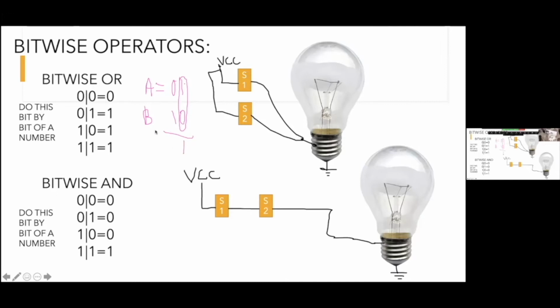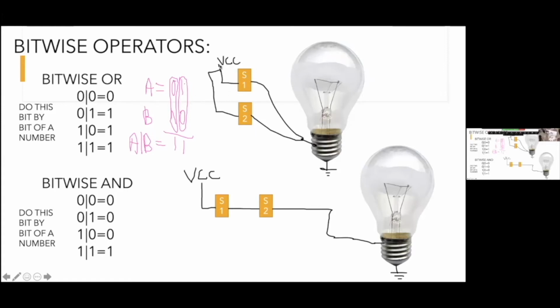So the first bit becomes 1, and 0 or 1 must also be 1. So this bit becomes 1. So A bitwise OR B equals 1 1, and you can think about it like a circuit in parallel.